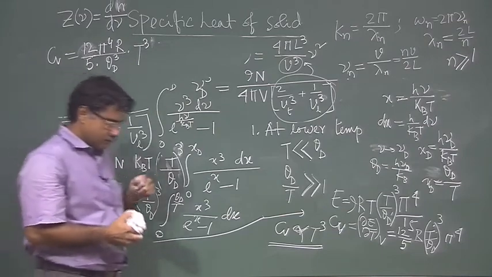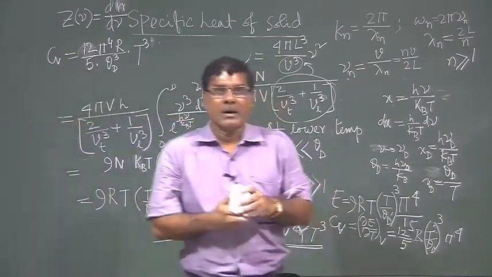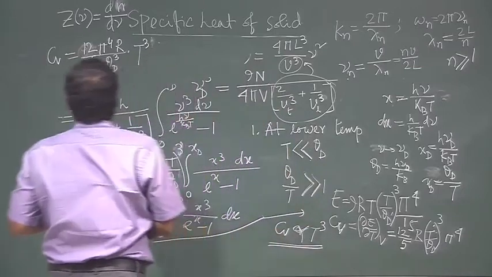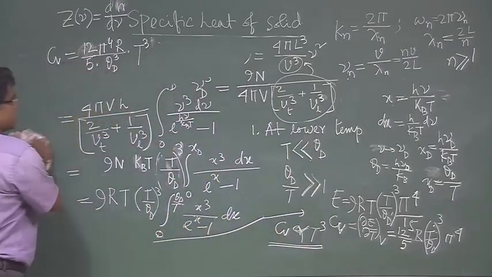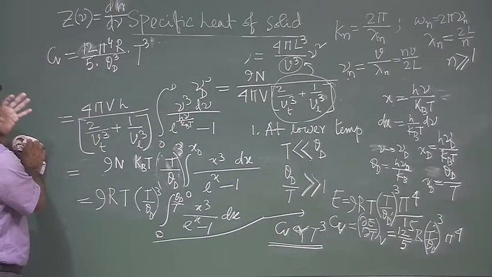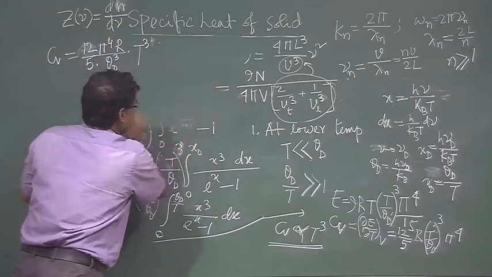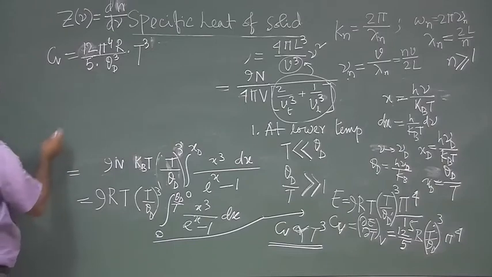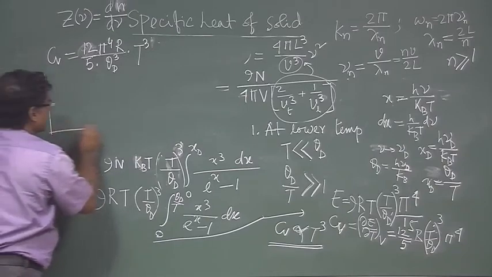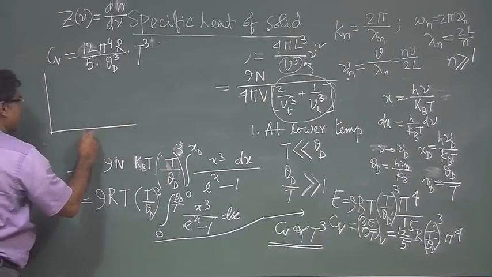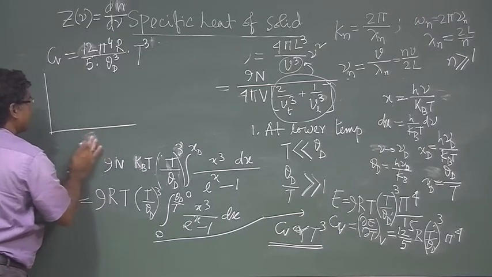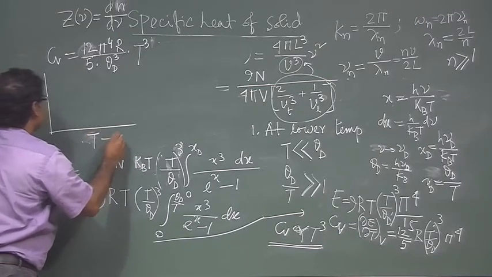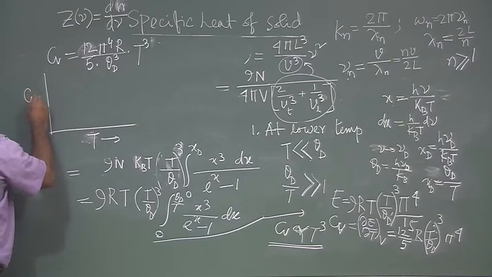So, now this CV curve is basically that CV curve. I think I can delete them. So, CV curve I have shown you earlier as a function of temperature, this is CV.